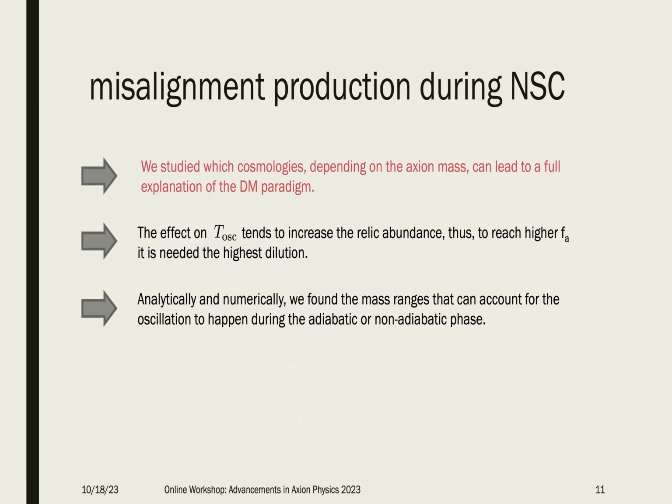So what we did is that we studied different cosmologies, and we looked at in which parameter space they could lead to the full explanation of the dark matter paradigm. Analytically and numerically, we found the mass ranges that can account for the oscillation happening in these different stages of the dominance of the new field.